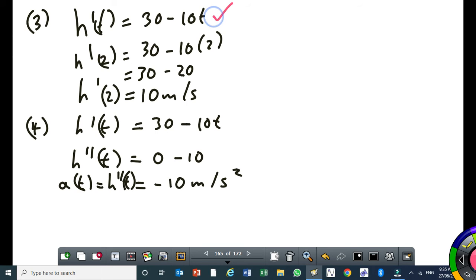You get 10 meters per second. Velocity is the gradient of the given function, which in this case is height.